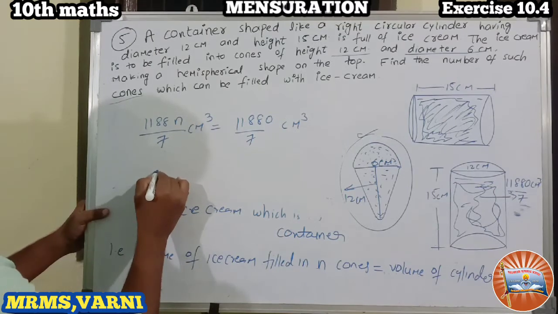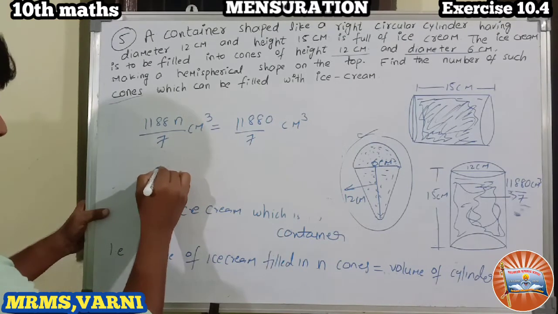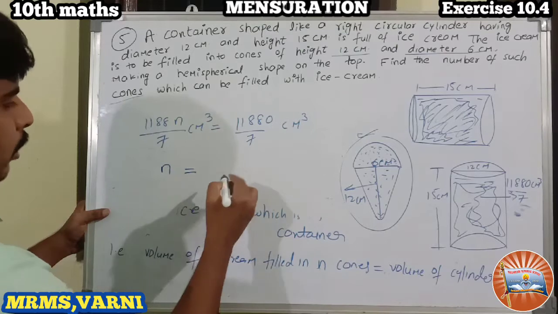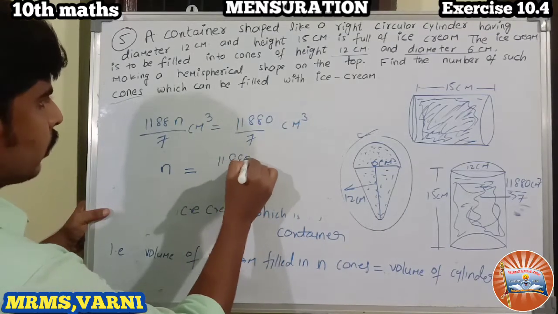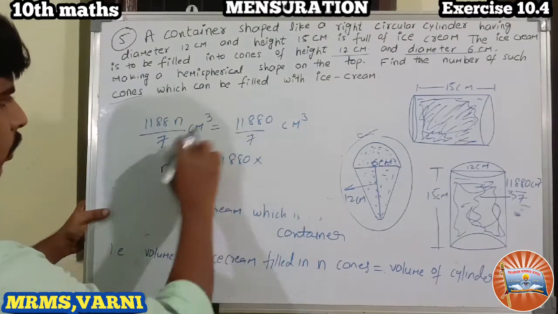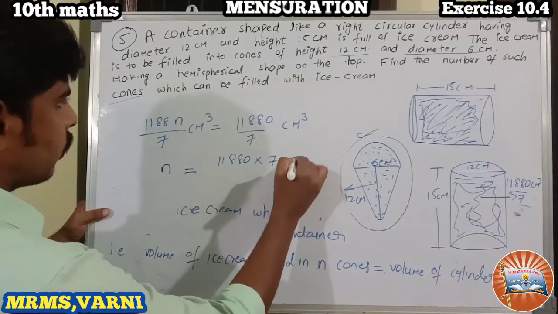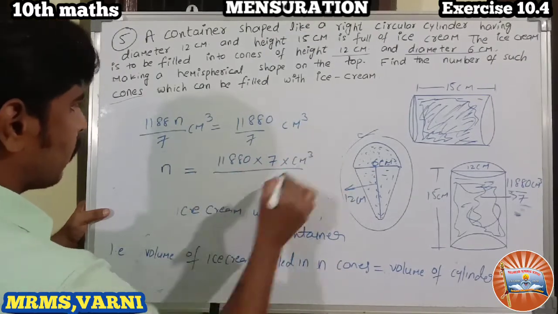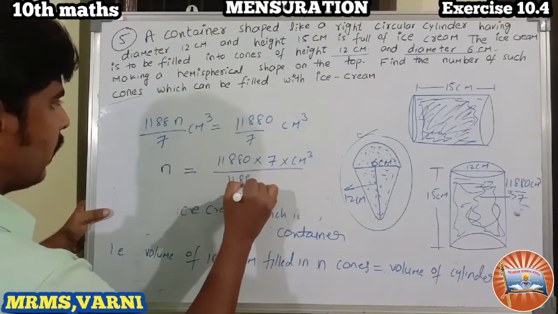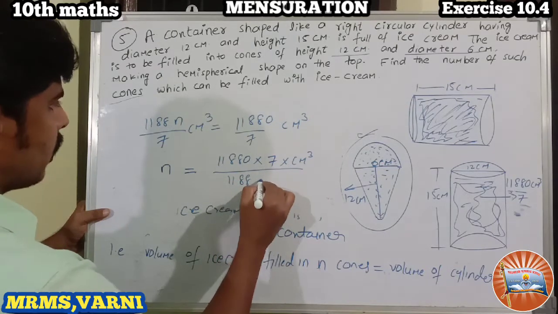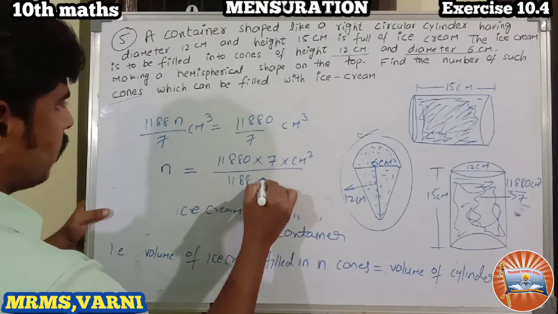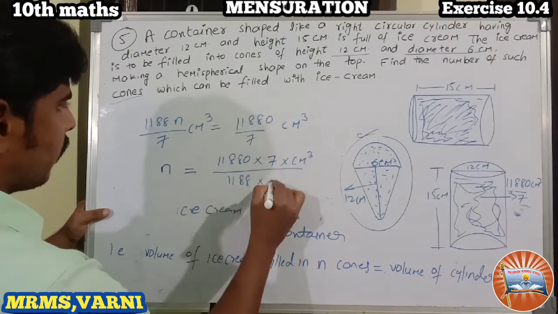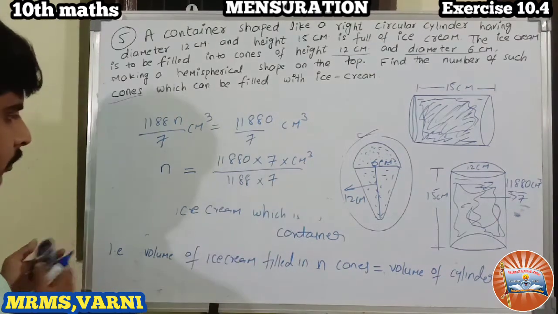So take the cross multiplication. n remains as it is, and the remaining things, 11880 into 7, go to the numerator into centimeter cube, and 1188 comes to the denominator into 7. Is it clear?